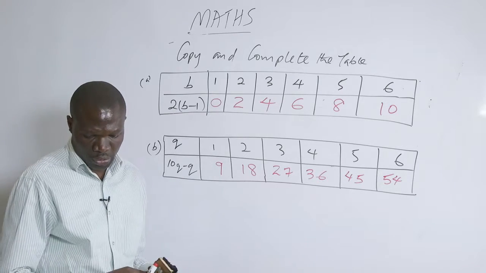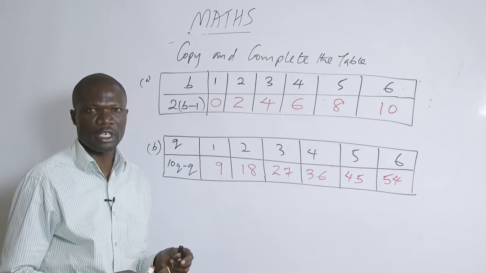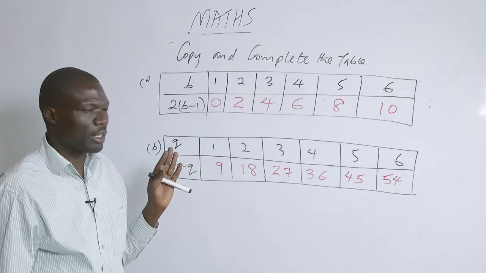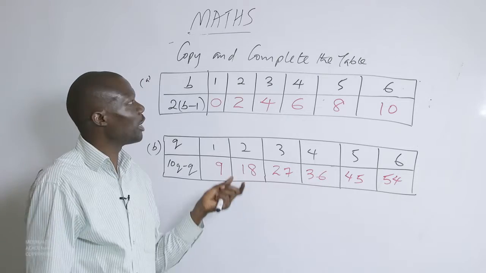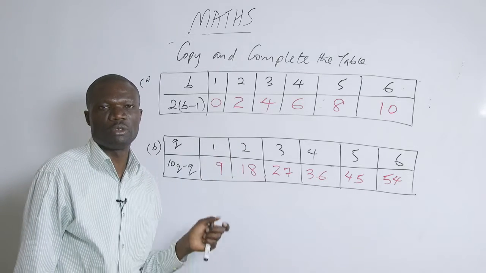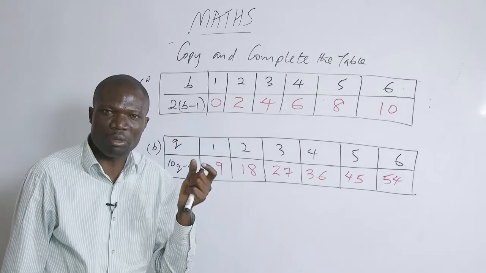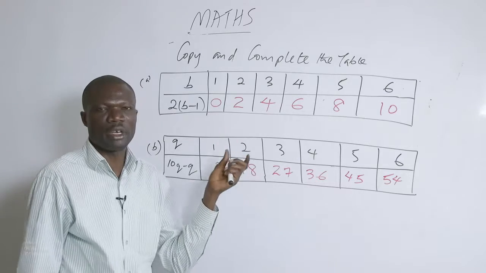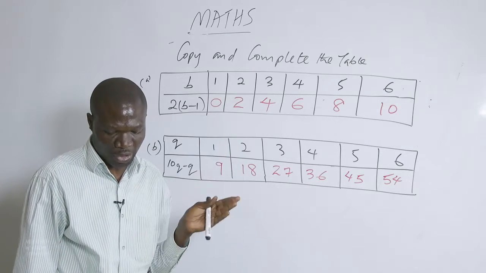Now, to wind up, I want to say that it is very important for us to know how to substitute values and substitute them correctly when we are dealing with algebraic expressions.